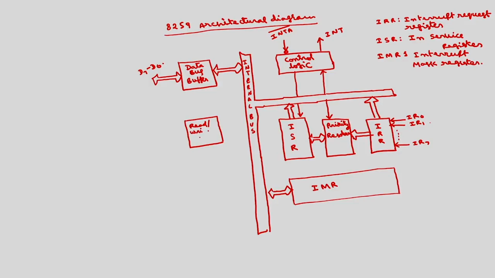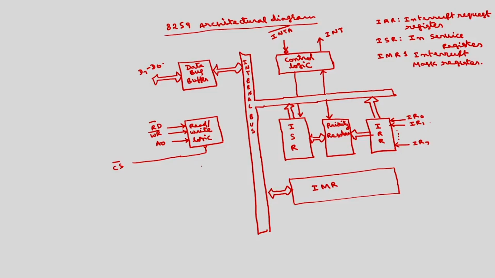Here we will have the chip select signal, the A0 signal, the read bar signal and the write bar signal. These are common with 8254 also. But in 8254 we have A1 and A0, whereas here we have only A0. A0, in connection with the read bar and write bar signals, will be used to select the different registers inside the 8259.